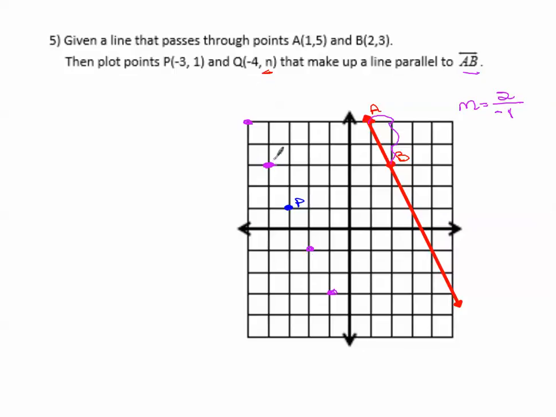This point right here is going to be Q, and it's -4, 3. So if Q is -4, 3, then N is the y coordinate of that point. So N is 3.